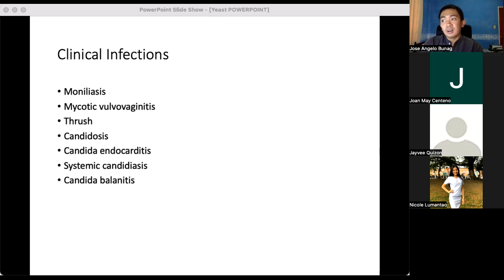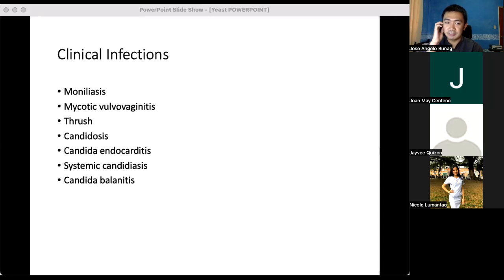So with regards to the clinical infection, these are some examples associated sa ating mga yeast, particularly moniliasis. We also have your mycotic vulvovaginitis, your thrush, your candidosis, your Candida endocarditis, your systemic candidiasis, and your Candida balanitis.